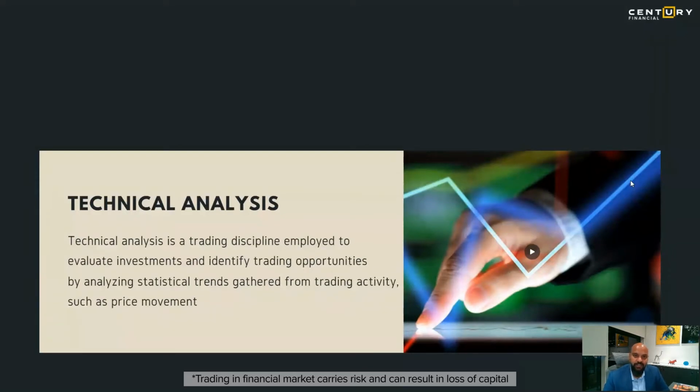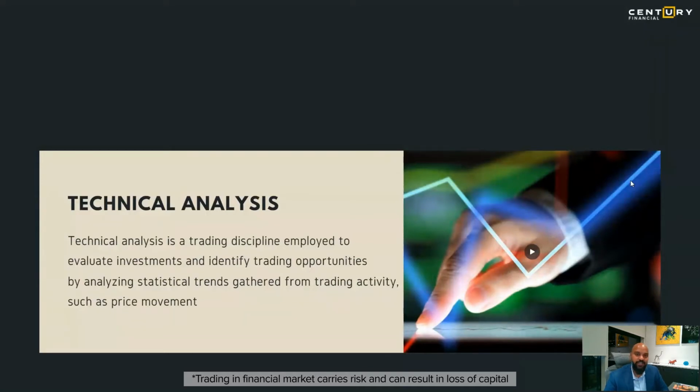Putting technical analysis to use, you look at the price action, and this price action helps you analyze when to enter the market, when not to enter the market, or if you're already in the market, when to be cautious, and if you're already in profit, what kind of profit you could expect going forward.